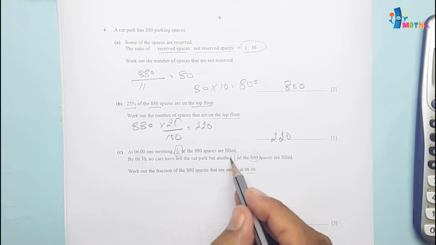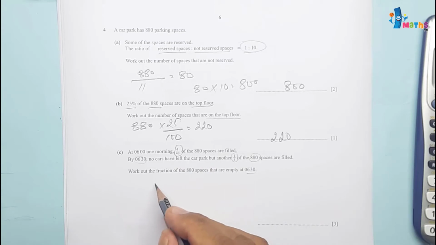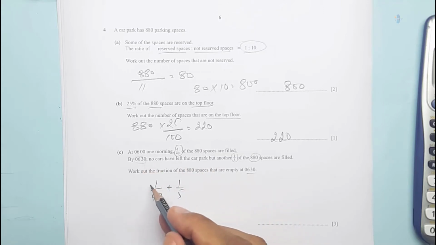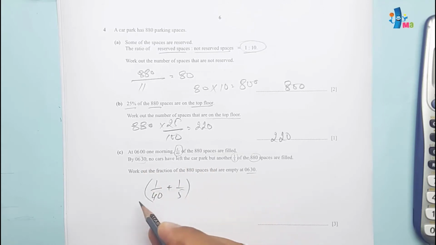So these two fractions came, so it will be 1 by 40 plus 1 by 5. These two fractions of 880 are coming into the car park, and the total is 1, so 1 minus this.